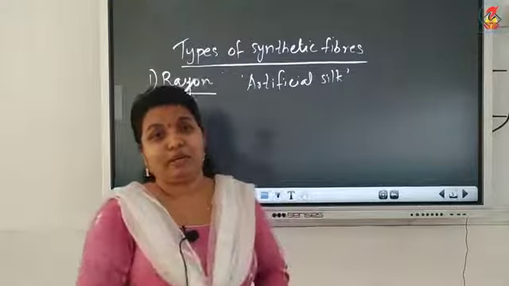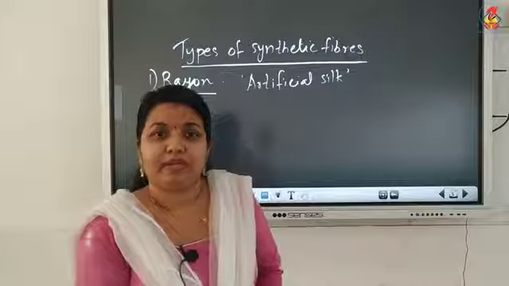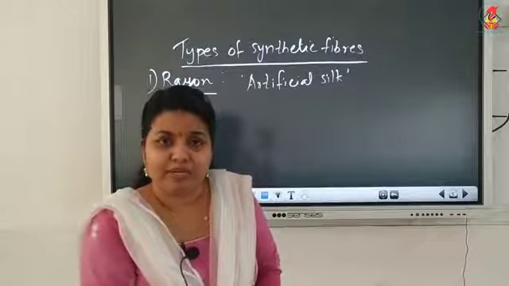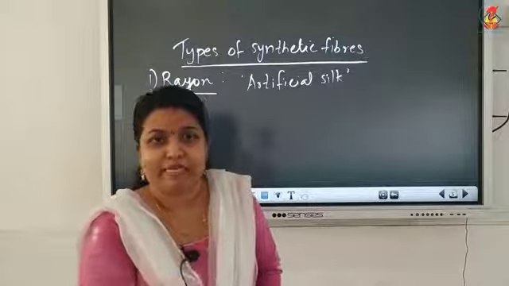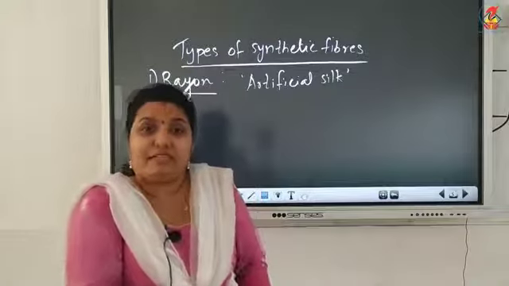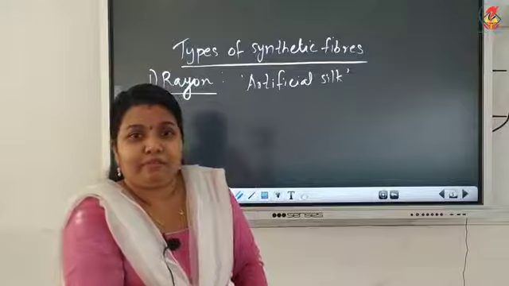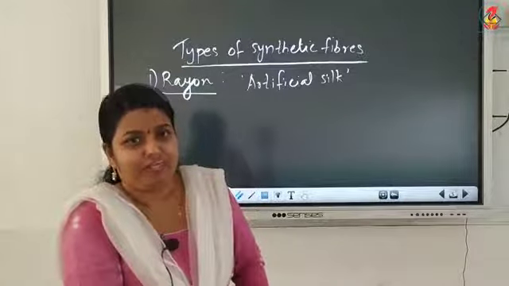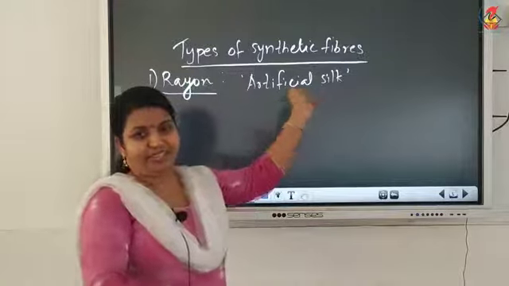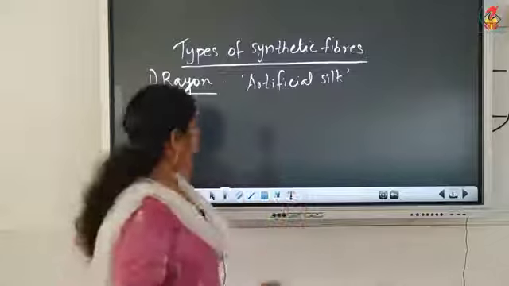So scientists were trying to find a fiber which resembles silk in its properties but is less in cost. So they succeeded. They called it rayon, and it is known as artificial silk.